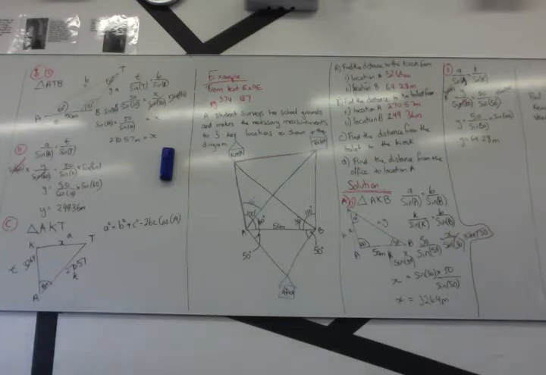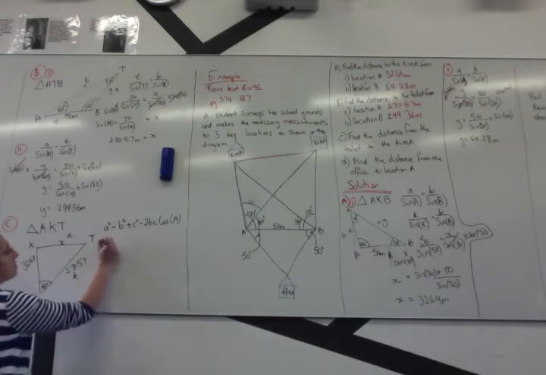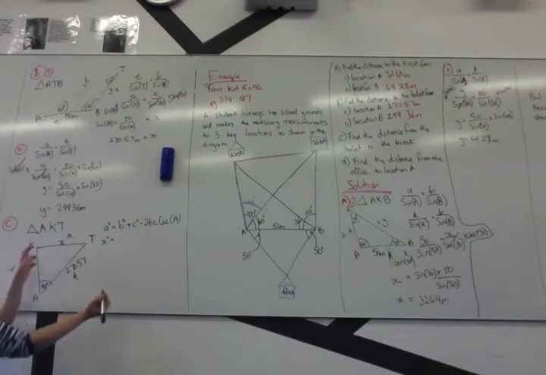Okay, so we have x squared is equal to b, which I'm swapping for a k.